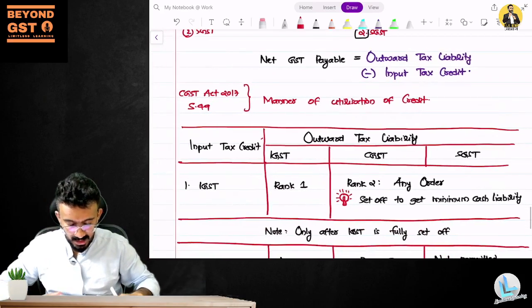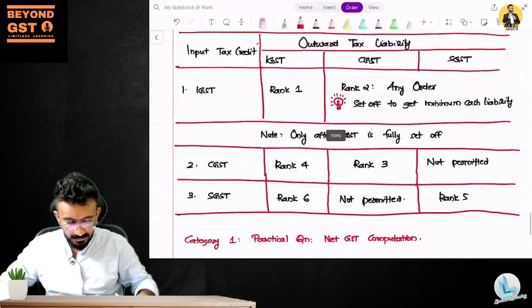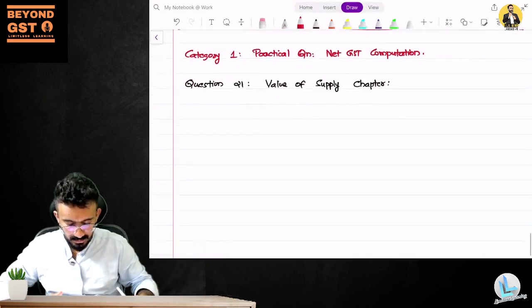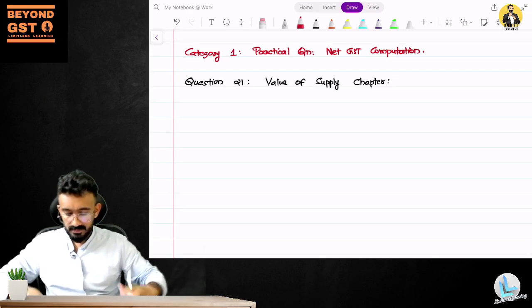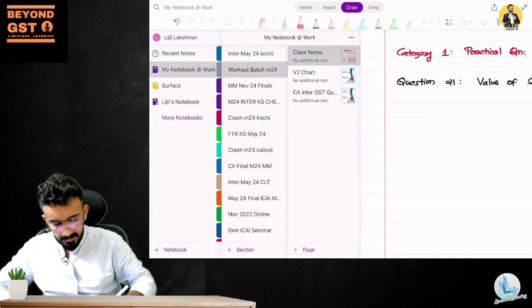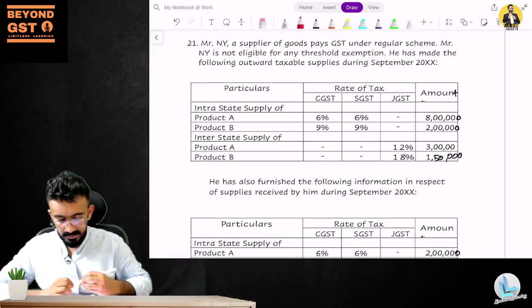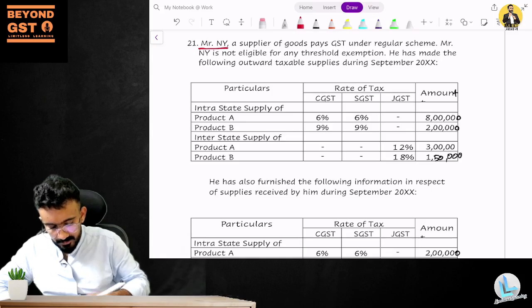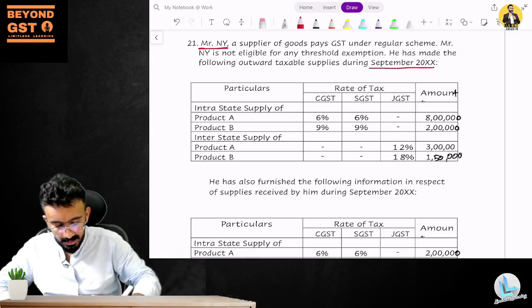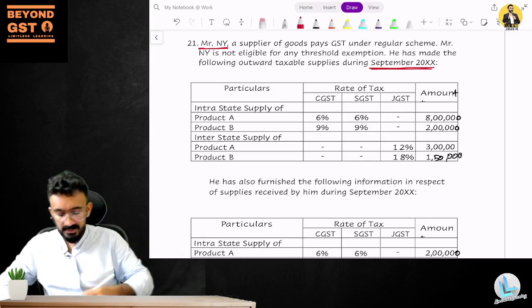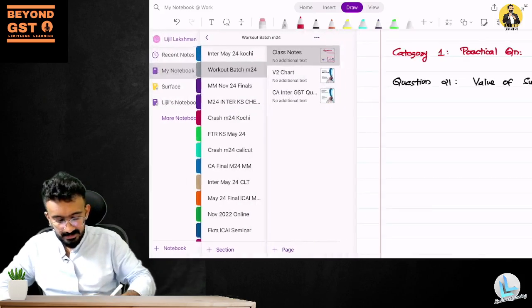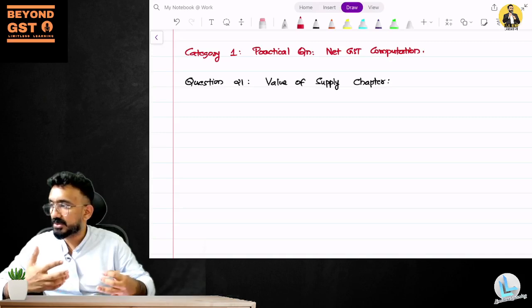Let's start. I want to fix the format, that's more important for me in this question. Every computational question should start with a title. For whom am I computing? For NY. Which month am I computing? September. What am I computing? Net GST. You should write it with me.